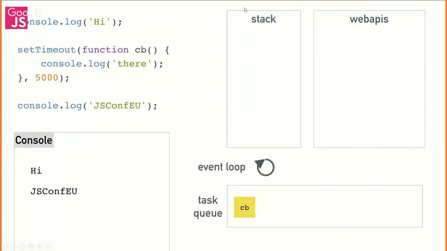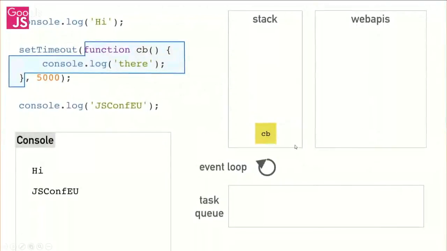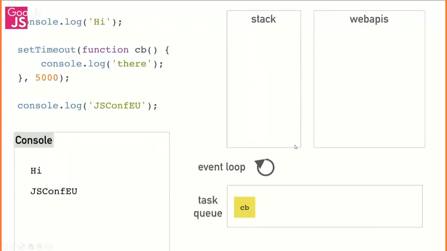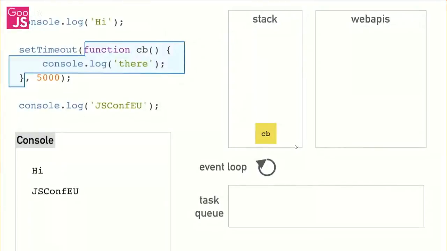And the very important thing to know is that if the stack is empty, the event loop will look at the task queue, and if there is any code there for execution, it will put the code that needs to be executed from the task queue onto the stack. So essentially, this is what happens. Notice how in one slide it's in the task queue and now it's in the event loop because the stack is empty. The stack is empty.